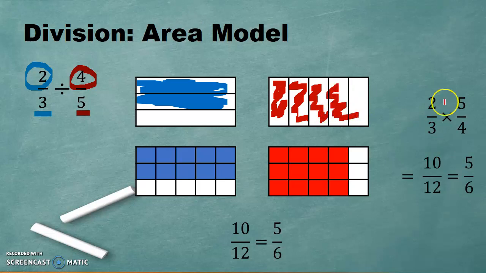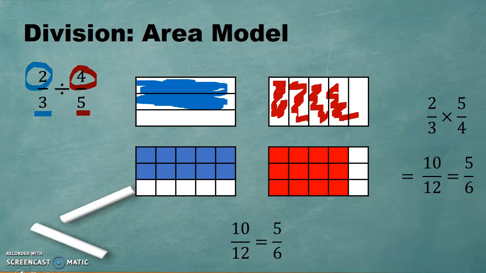Now, what I did down here is I combined our 3 rows with our 5 columns. And what that does is it gives us 3 by 5 is 15 blocks. So there are 15 blocks in each of these rectangles.